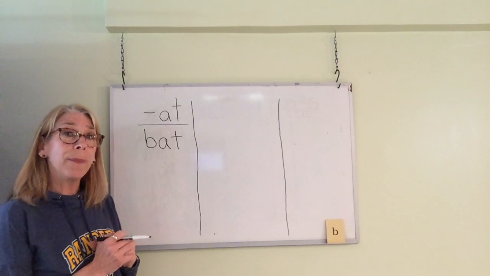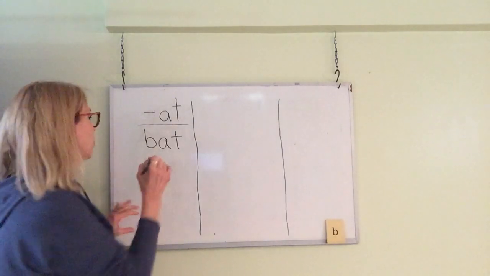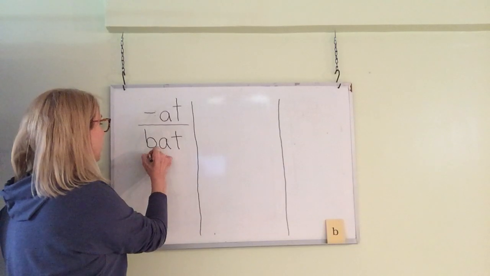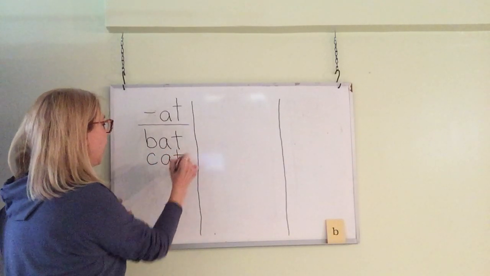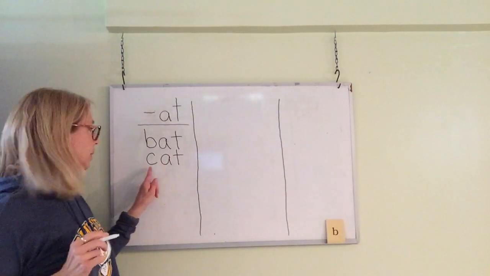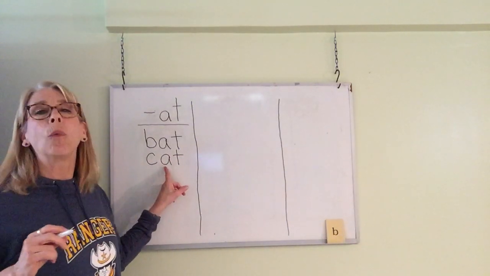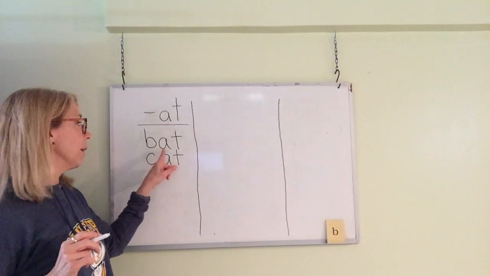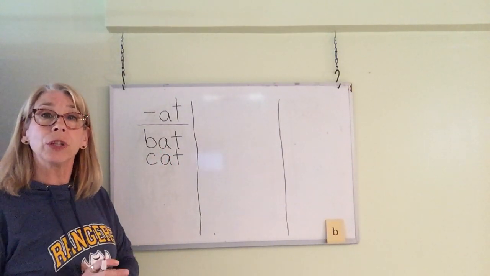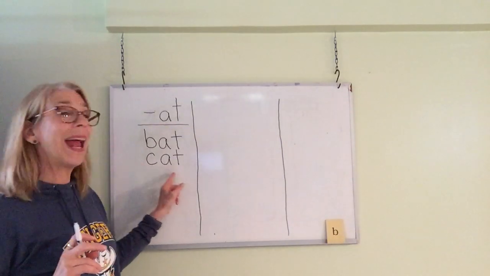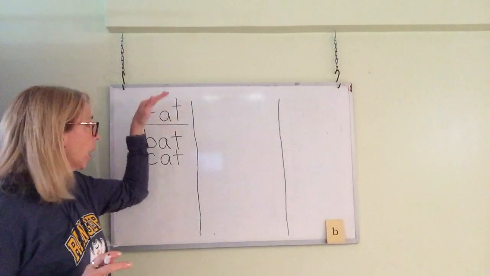Did you say C? Because we kind of know how to make the word cat. So I'm going to write cat. And I know how to spell cat because I'm going to put the C, but my word pattern is the same. It's the AT. So go ahead and write that down now too. Or make the word cat in your at column.